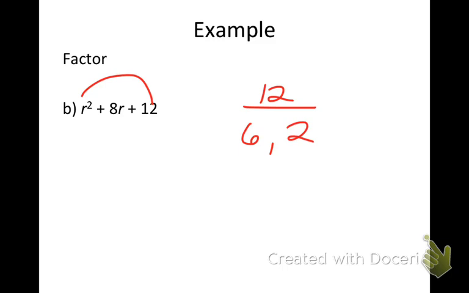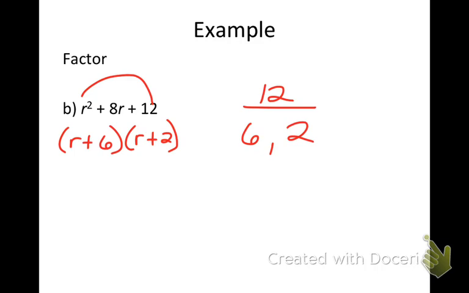So 6 times 2 is 12, and 6 plus 2 is 8. So what are my 2 binomials going to be? R plus 6 and r plus 2. That is factored. Done.